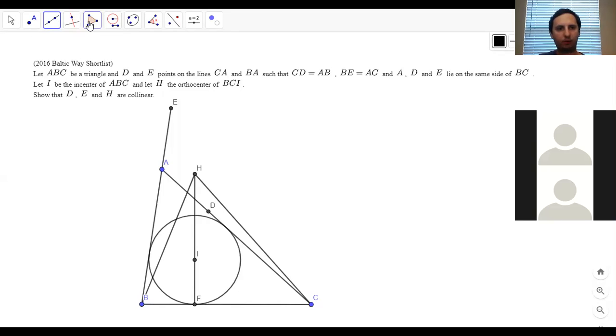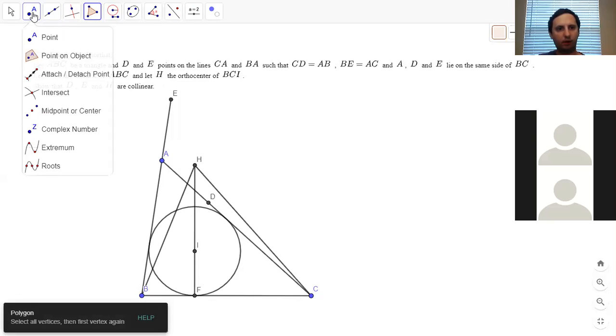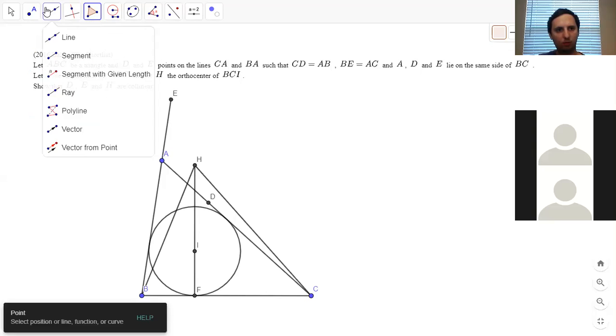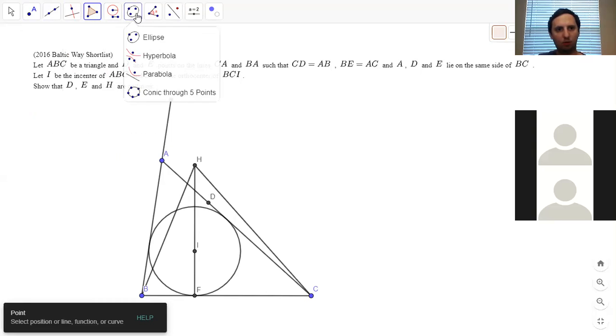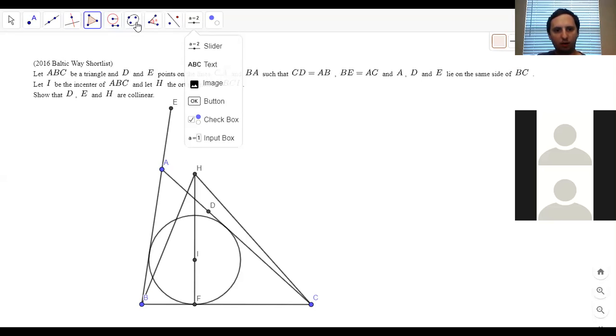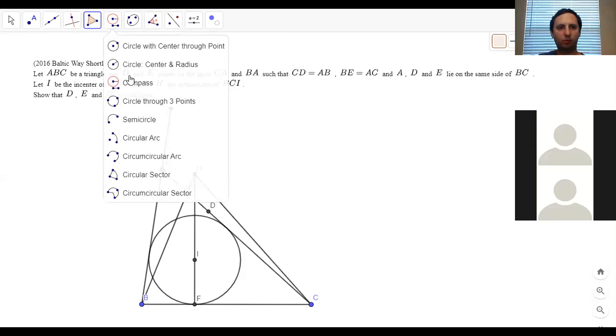Let me draw the circumcircle of ABC. Let's see. Yeah, AI is parallel to ED. That's true.